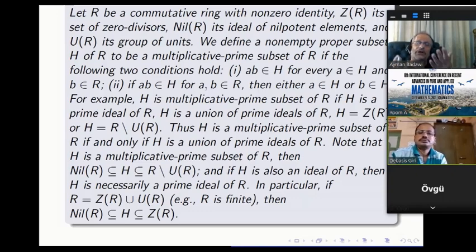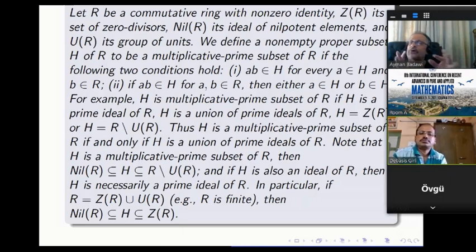You take the union of these prime ideals, then H will be a multiplicative prime subset. Clearly, since H is a union of prime ideals, the set of nilpotents will be in H. And definitely H will never include a unit, an invertible element under multiplication.